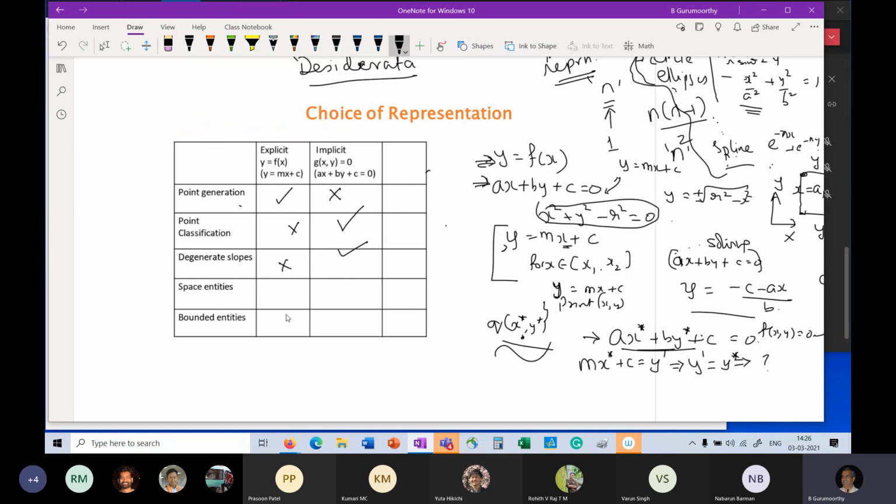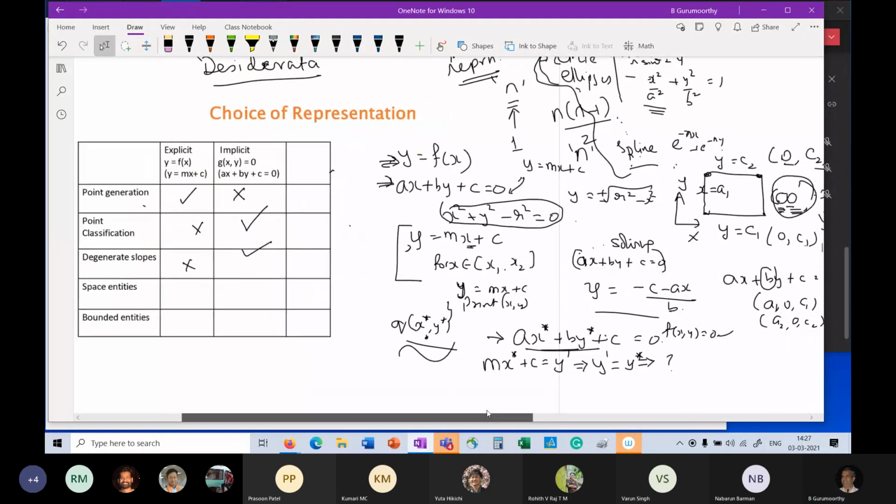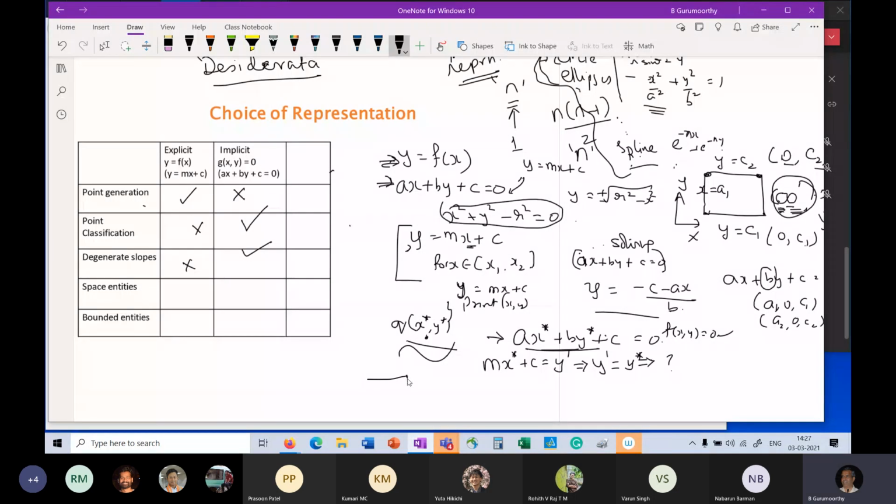The next one, I will take the bounded entities. What I mean by bounded entities is a line segment as opposed to a line. So a line that goes from x1 to x2.